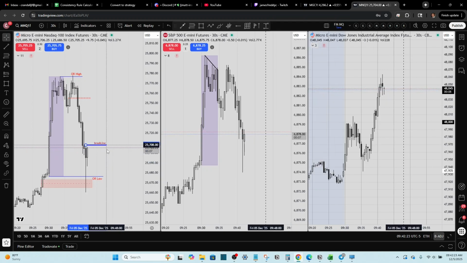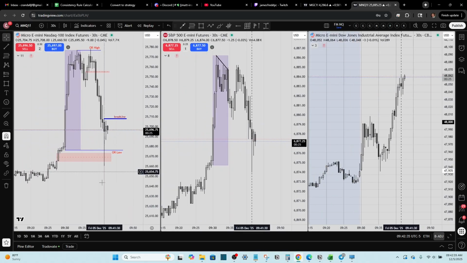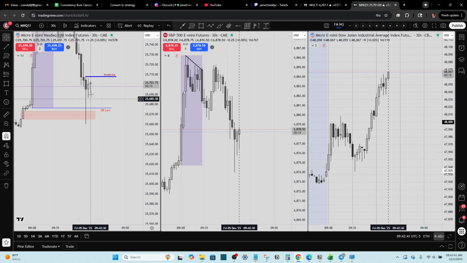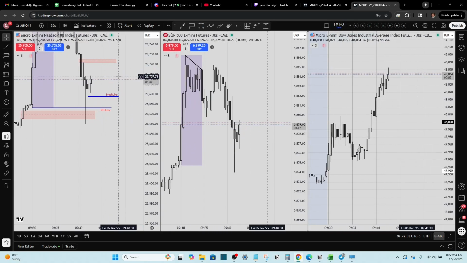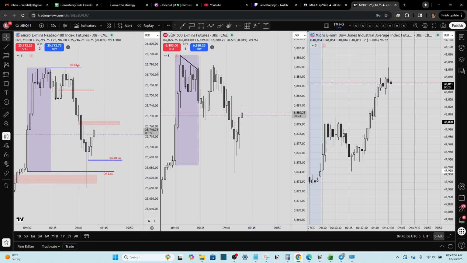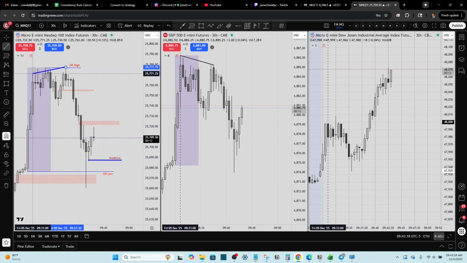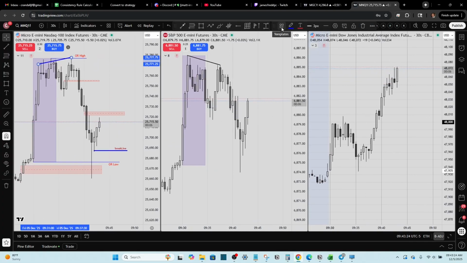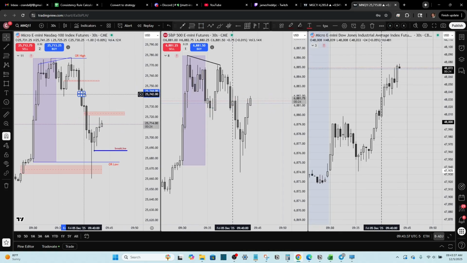I don't draw it here, but there is definitely SMT at the bottom, basically at that red box, the first candle of that fair value gap where the opening range low swept. Honestly, I didn't really think of it at the time. I'm actually going to start looking for shorts here, but thankfully I don't take any shorts.